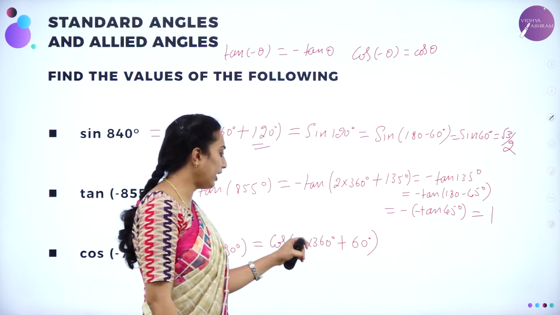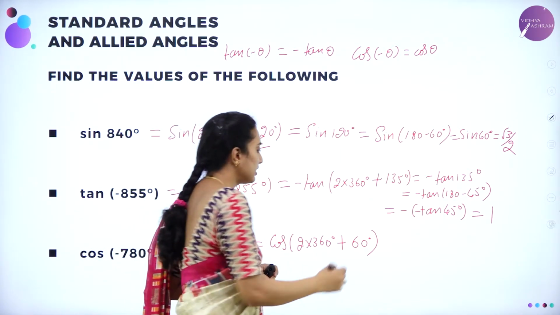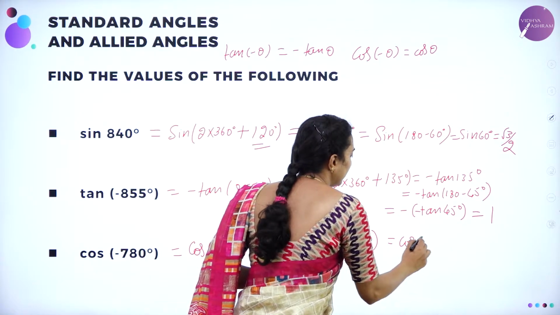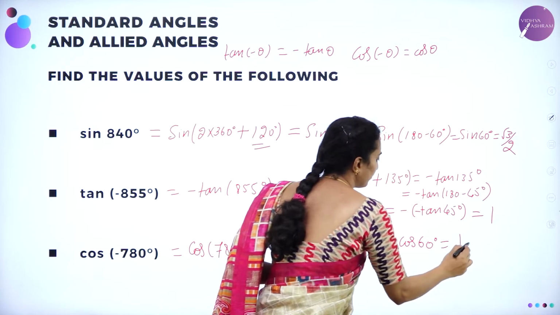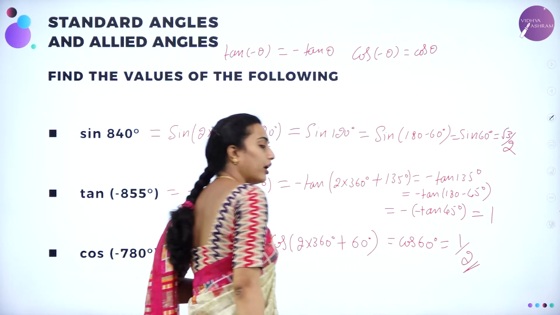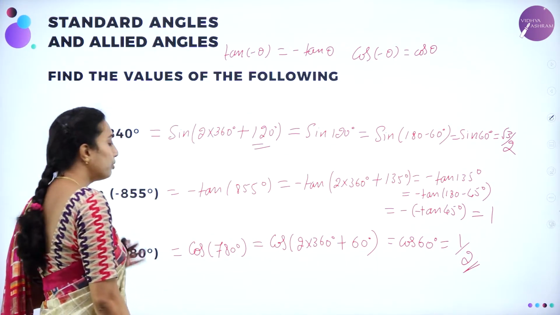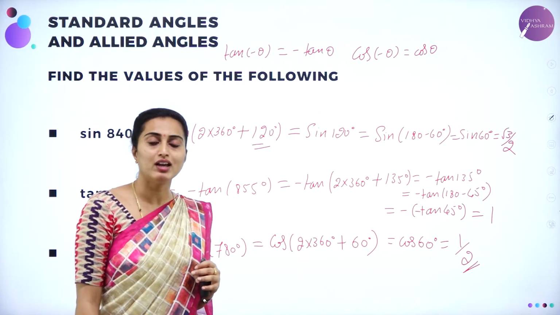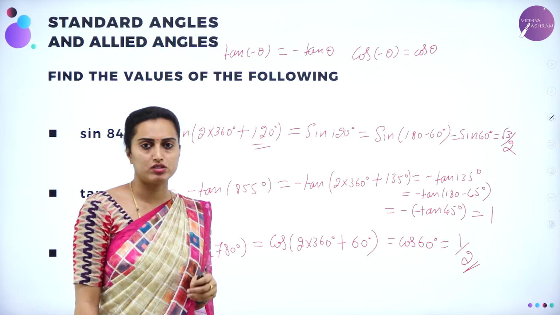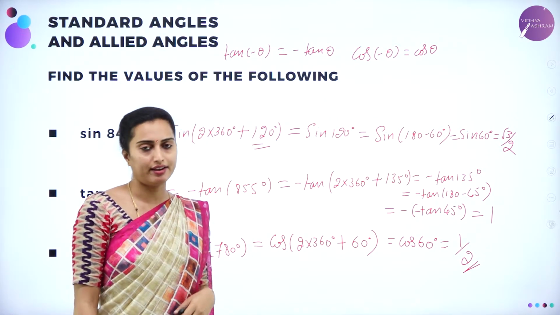You know, cos of n into 360 plus theta is cos theta, which is nothing but cos 60 degree. So cos 60 degree gives you the value 1 by 2. That's it, dears. I hope you understood how to solve this kind of problems or how to find the values of the trigonometric functions by the allied angles.